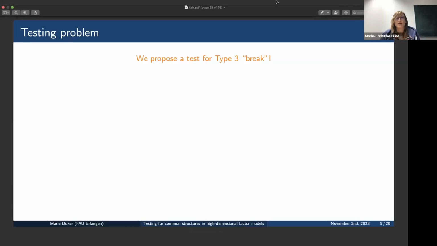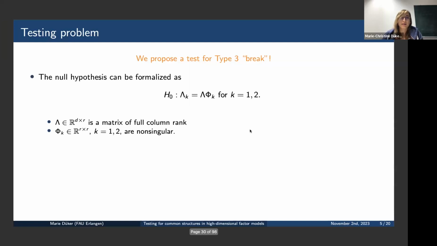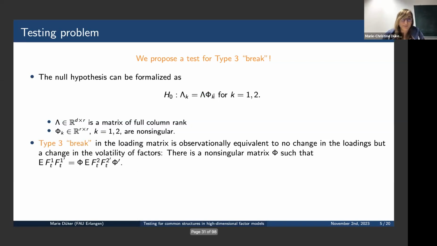Okay, so the idea is to propose a test for this type 3 break. Just to summarize, our null hypothesis can then be formalized as having that each lambda satisfies this kind of relationship. So we have a mutual lambda, and then we have a matrix phi k, which is allowed to change from individual to individual or over time.